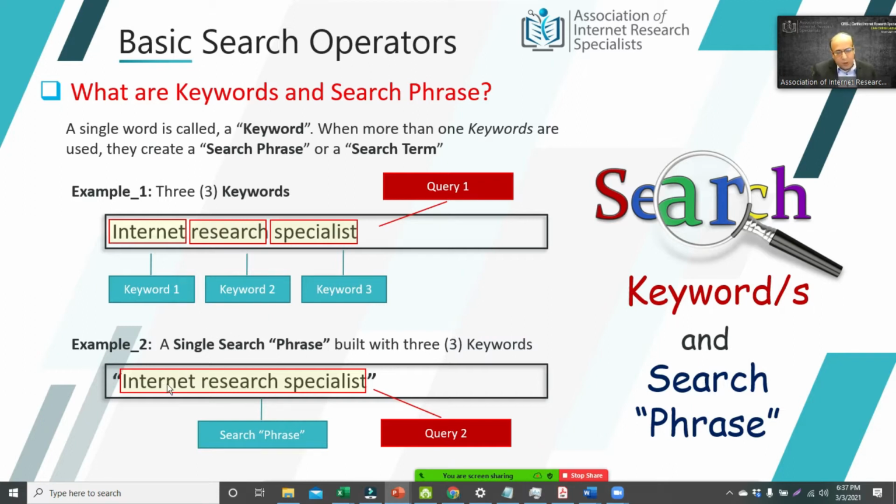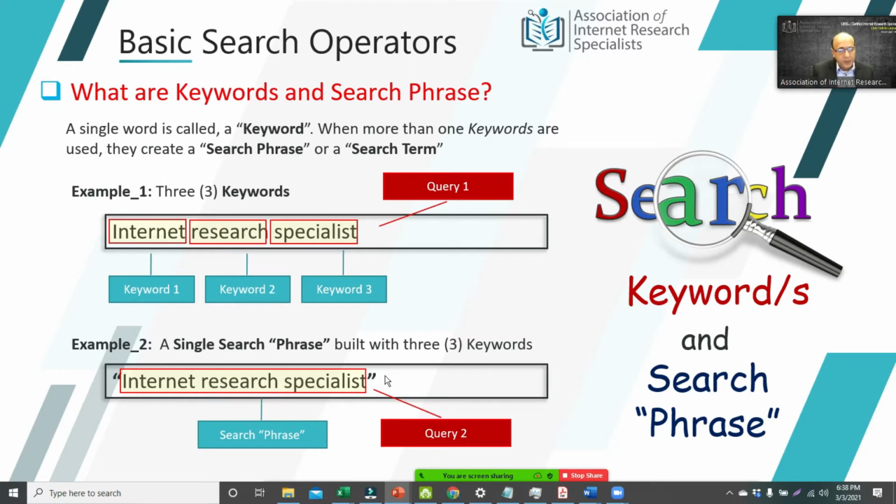Now let's focus on creating a search phrase out of it. Right now we have given the search three keywords without putting all three of them inside quotation marks. So "internet research specialist", if it needs to be considered as a single search term, which needs to bring back exactly the results that have all three of them placed in the same sequence, then we have to enclose it within quotation marks.